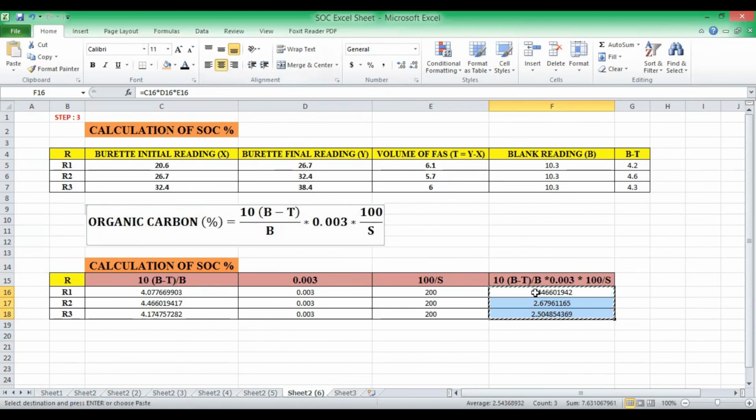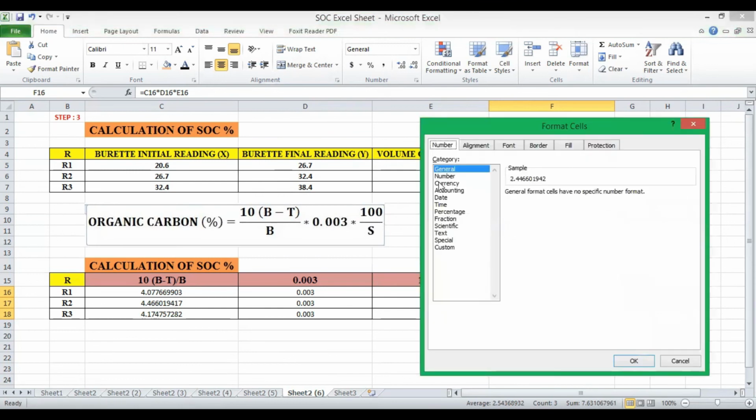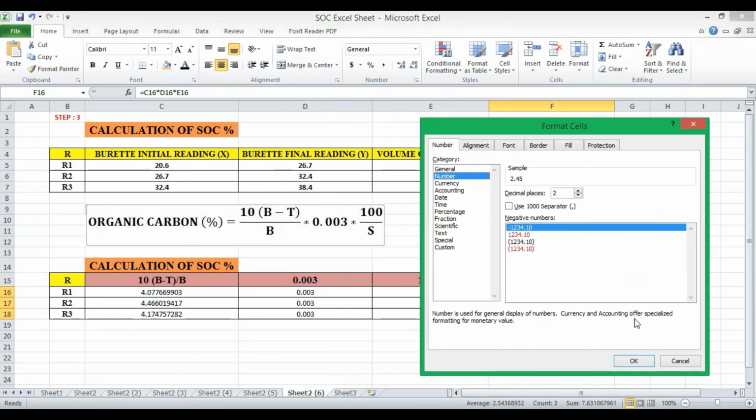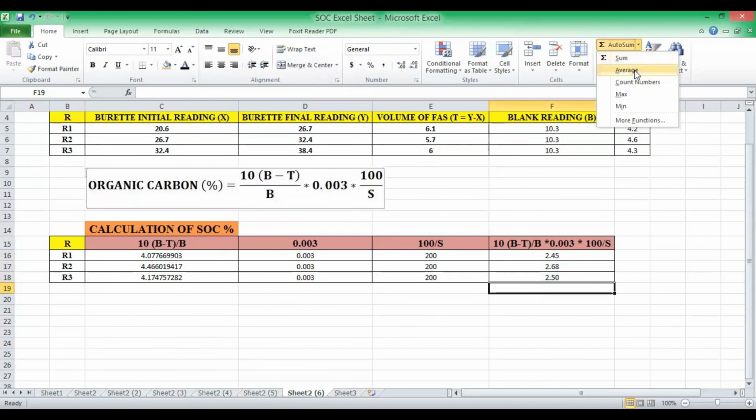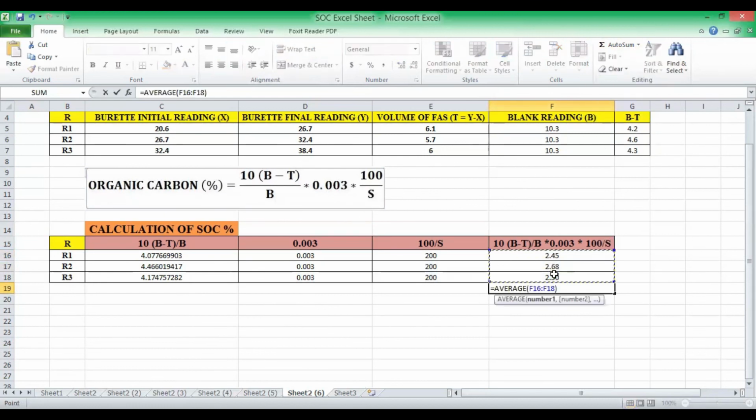So we'll just make the values here with the number after decimal. Okay, so now these are the soil organic carbon percentage for replicate 1, replicate 2 and replicate 3, but we are going to use the average value. So just drag this number here and then average. So your soil organic carbon percentage in the samples that we analyzed, the average mean value, is 2.54.